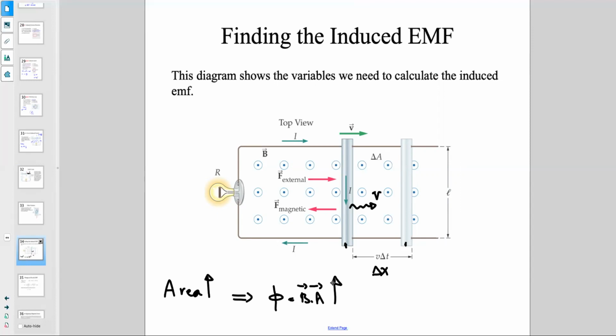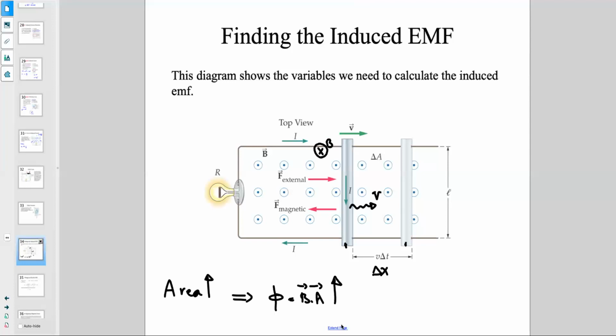In other words, your magnetic field has to go inside the page, because the original magnetic field was outside, to oppose that change of the flux. So this means that your current should be in the clockwise direction.